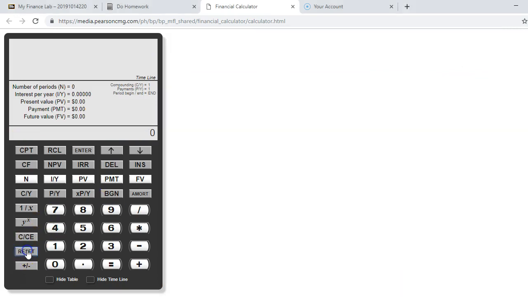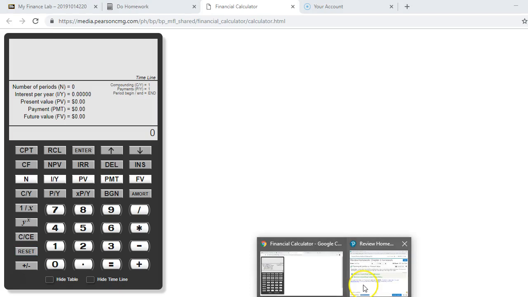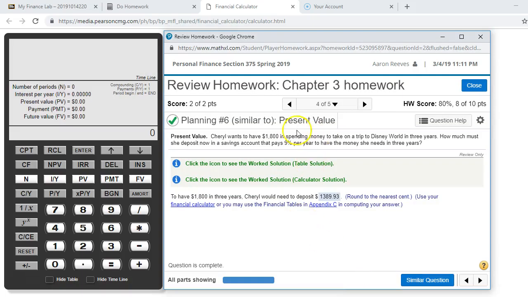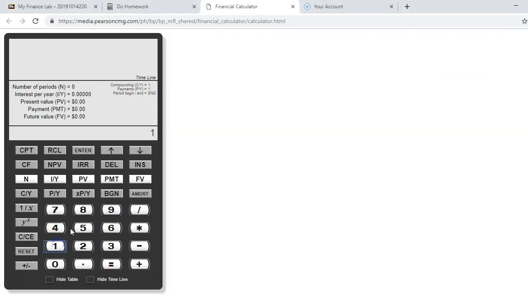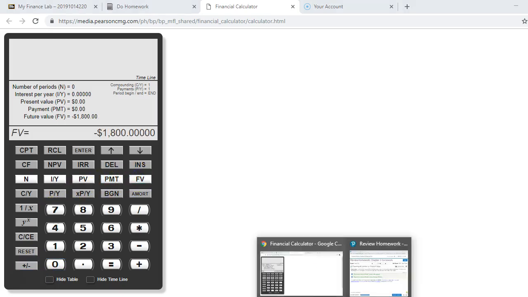So I'm going to again reset my calculator. And again, it doesn't matter which order we put these amounts in. I'll begin with the 1,800 being the future value. So I'll put in 1,800. And again, put that in as a negative number and click the future value.